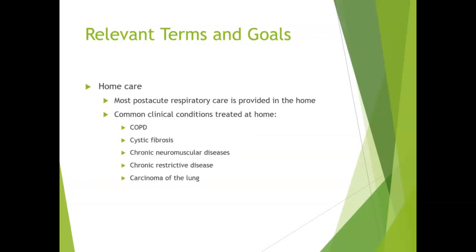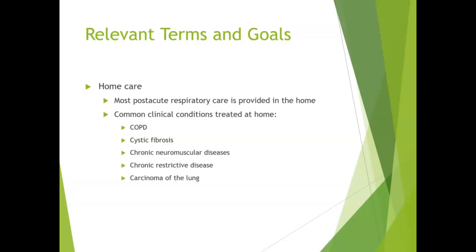And then finally, home care. This is the most post-acute respiratory care. So this is after they successfully get discharged from an LTAC or subacute facility, or sometimes directly from the hospital if they meet certain requirements, they'll go into that home setting. Typically we are going to see patients with COPD in the home setting.